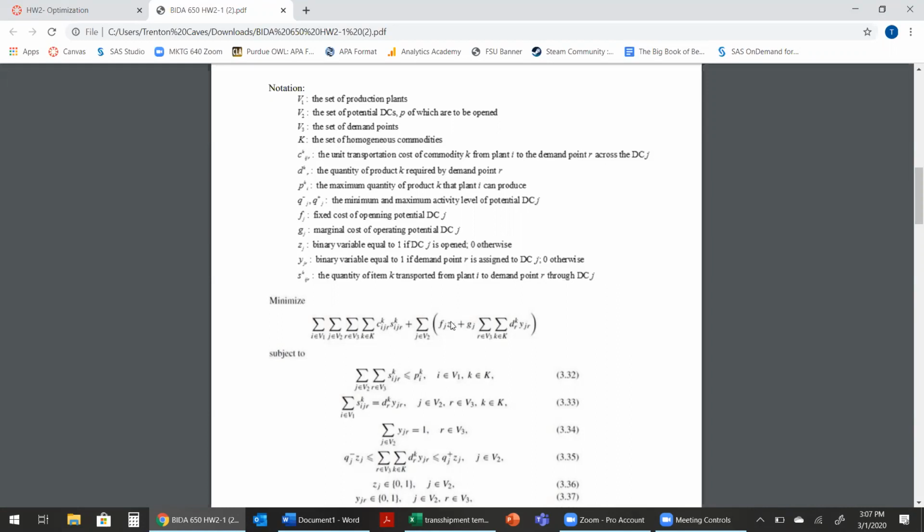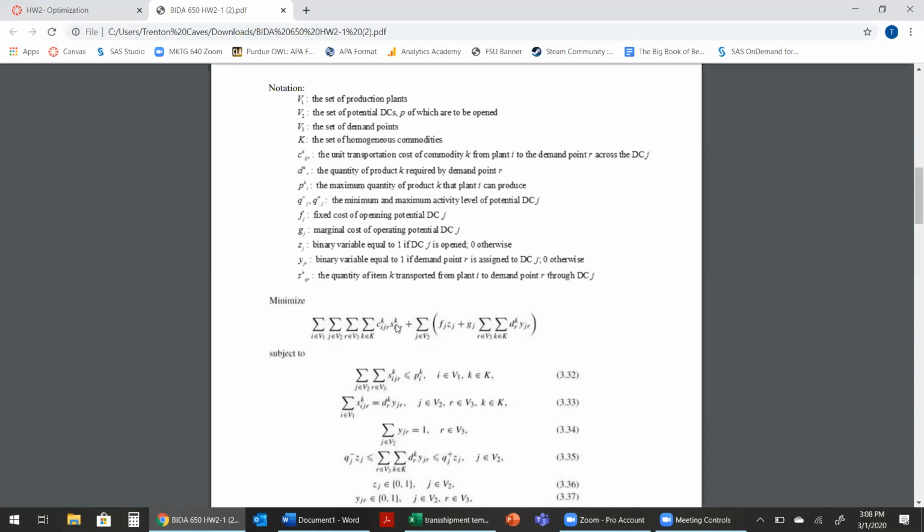So question A: what is to be minimized and what is the meaning of each term in the objective function? We're minimizing our transportation costs and our operating costs. And then the terms are: C sub IJR to the K is the transportation cost of commodities from our plants to the distribution centers and then ultimately to our retail outlets.